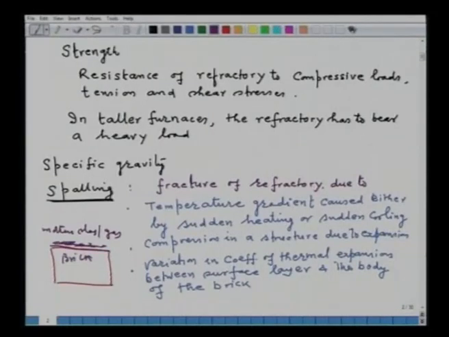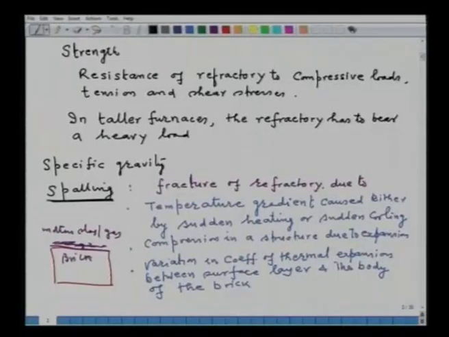So, what will happen? This may react with it, slide deep into the depth, then on account of the reaction, the material on the top or surface of the brick is changed compared to the interior, and that may cause a difference in coefficient of thermal expansion, and on account of the difference in thermal expansion, again the brick may spoil.